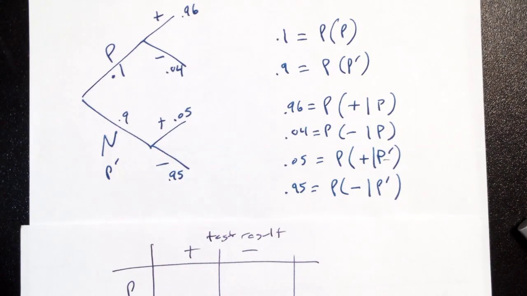The numbers in the boxes are joint probabilities. Those come from "and." And "and" comes from going out the branches.